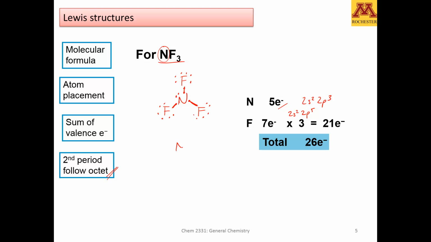This is what we will call a lone pair. Notice that now I'm going faster. Instead of drawing 2 dots, I'm just drawing a bar. This bar is equal to 2 dots. You may see both depending on how fast you want to write. All right, so this will be the Lewis structure of nitrogen trifluoride.